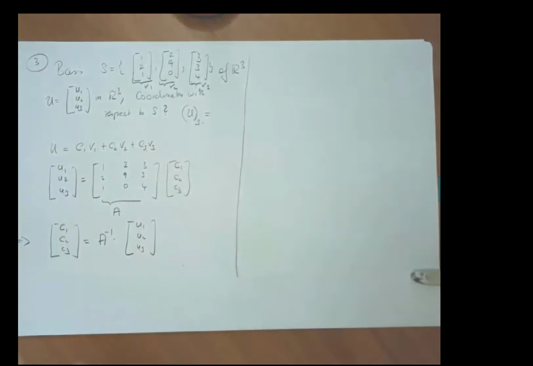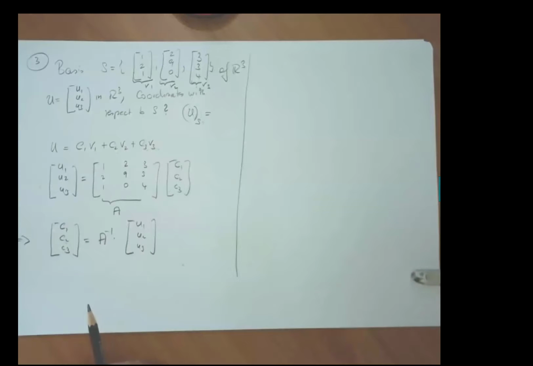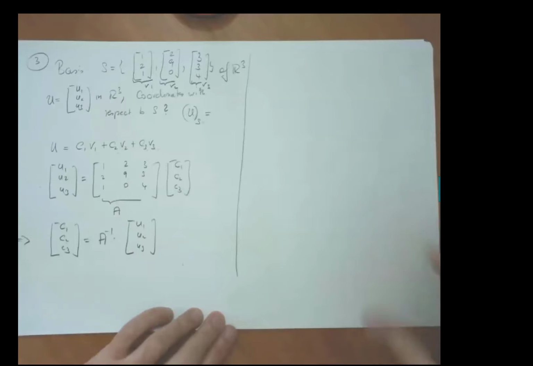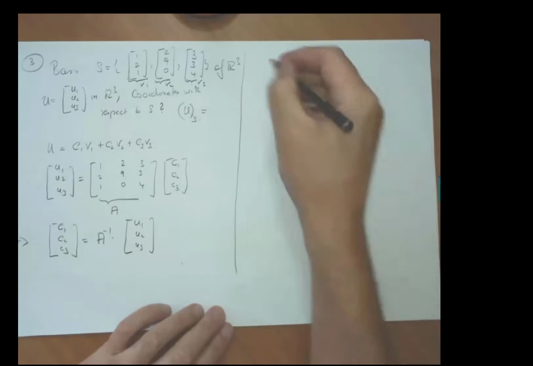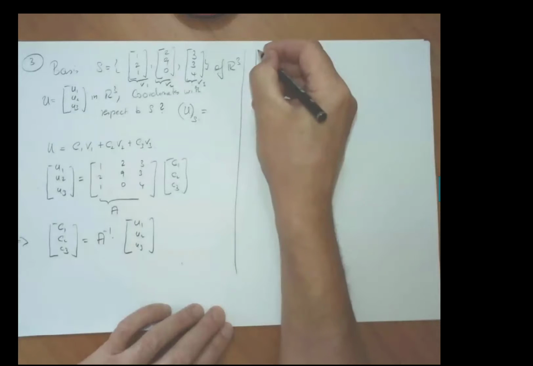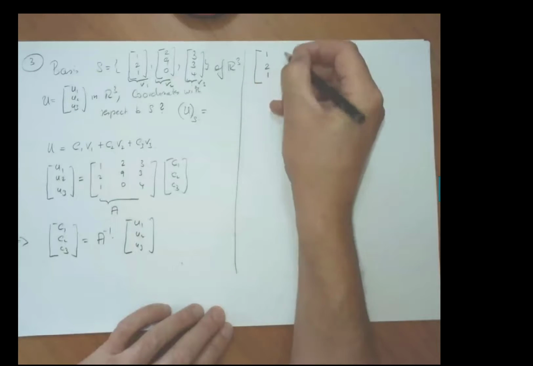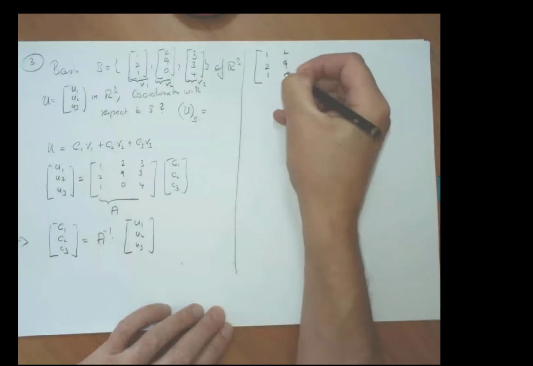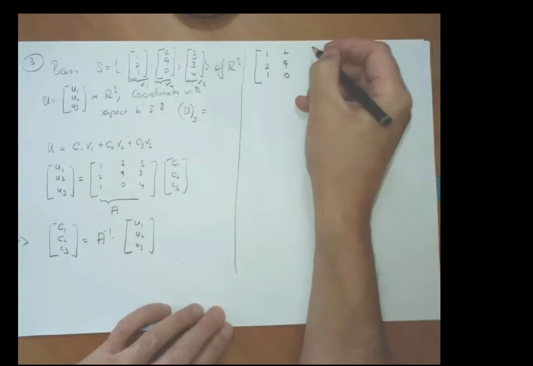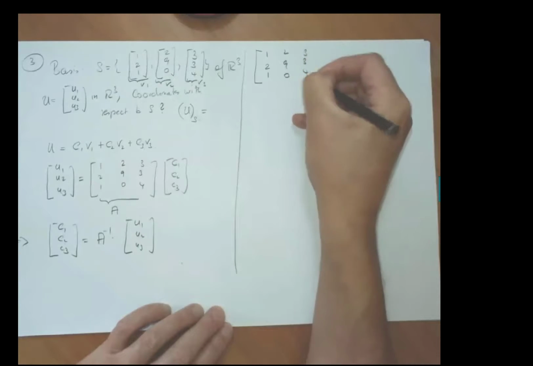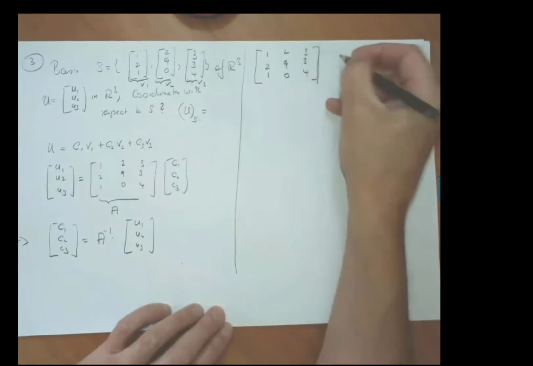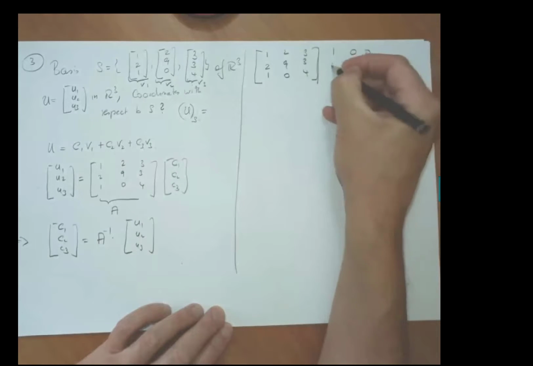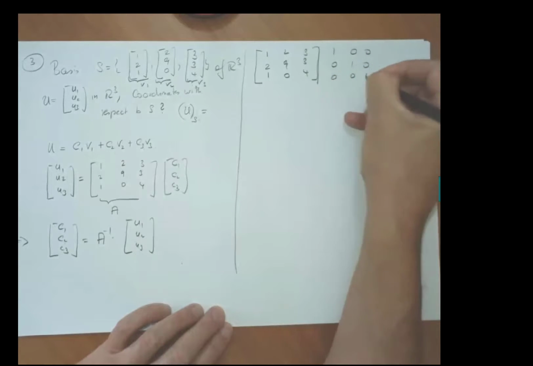So it turns out this question requires the calculation of A inverse, which we have done often enough, but let's do it one more time. So we need A inverse: 1, 2, 1, 2, 9, 0, 3, 3, 4, and then here 1, 0, 0, 0, 1, 0, 0, 0, 1.